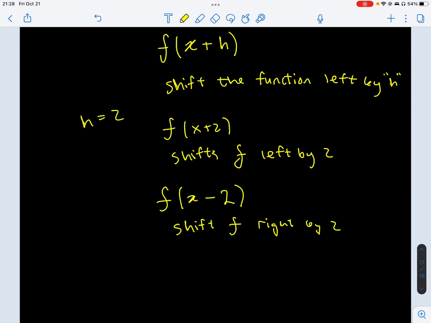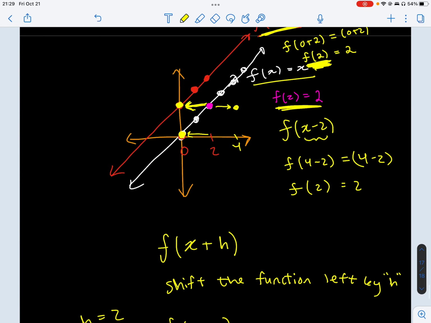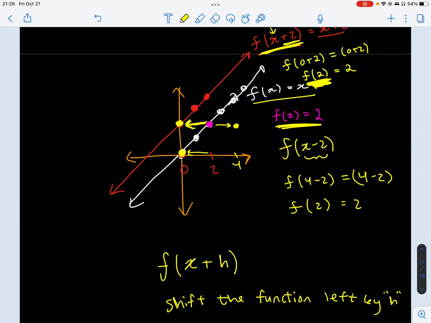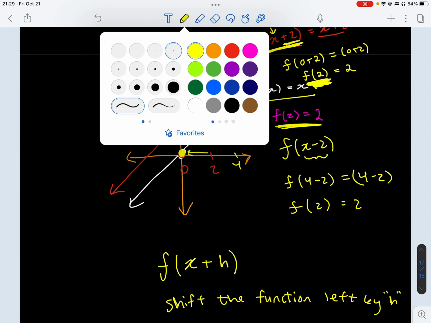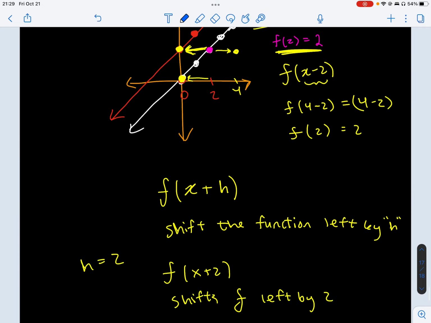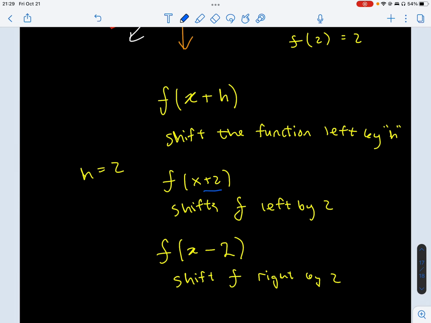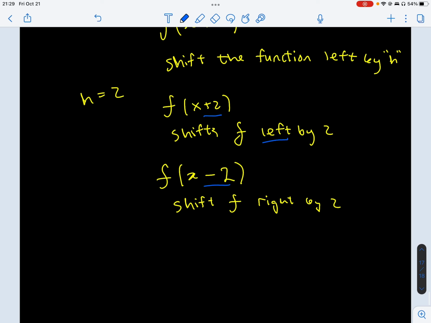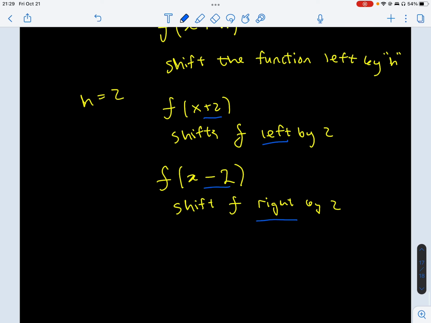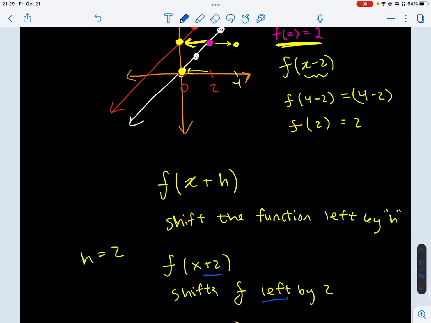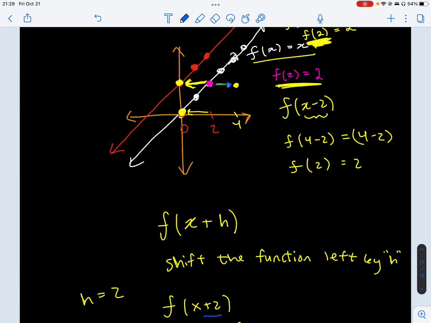And this is the counterintuitive deal here, where in math everyone says it feels counterintuitive that you have an addition sign moving you left and a subtraction sign, a minus sign, moving you to the right. But it's not that you're adding a positive number, so you're going in the positive direction.